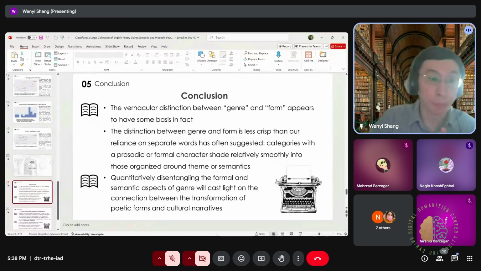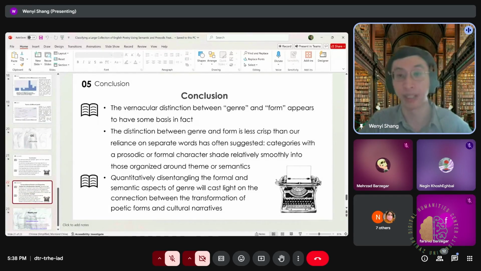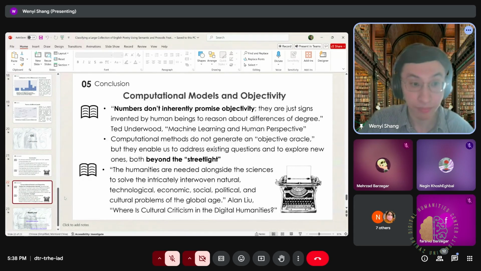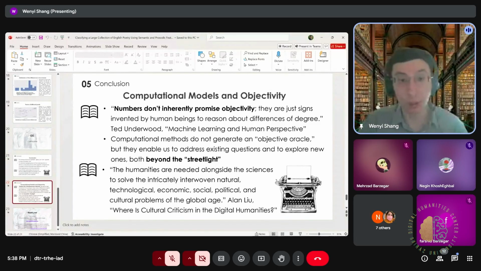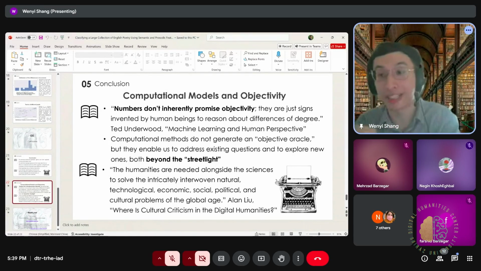And if we move beyond this particular project to the larger picture, we have some conclusions on computational models and objectivity.